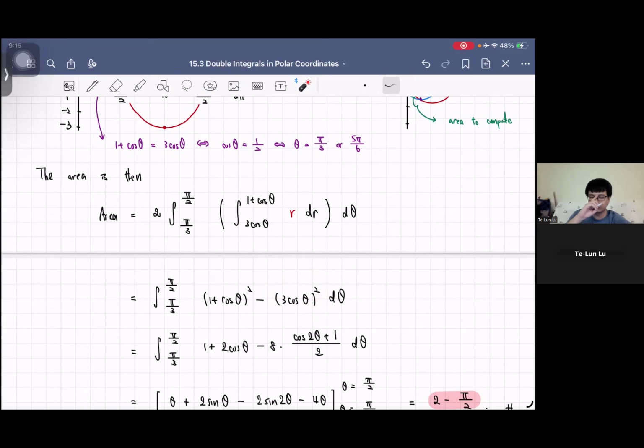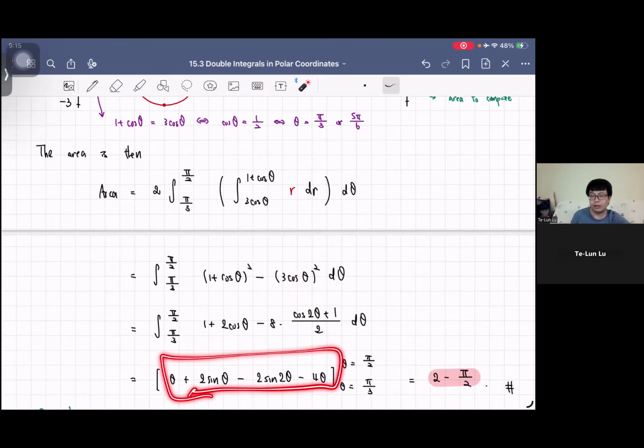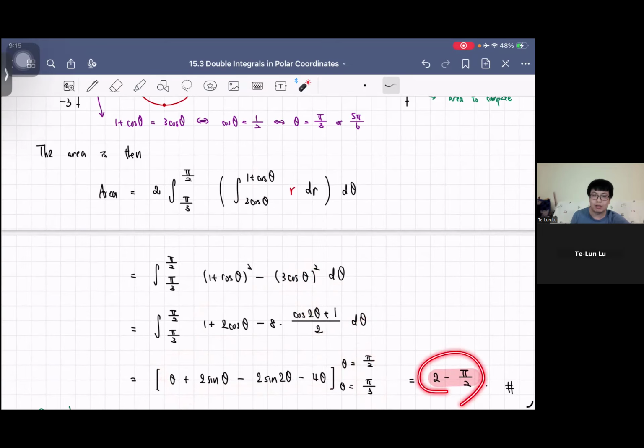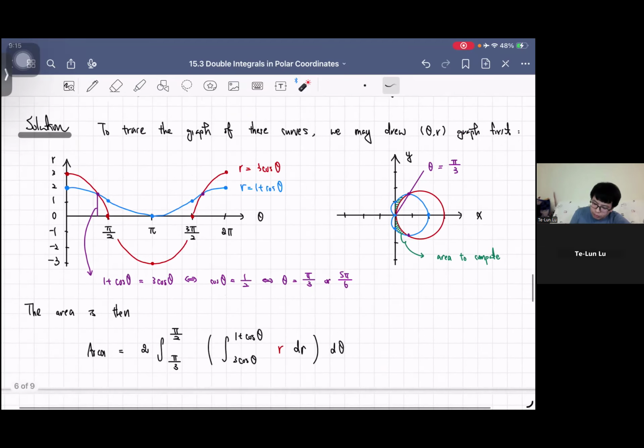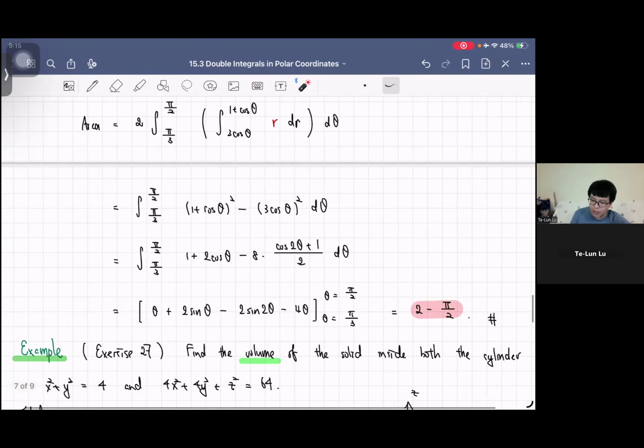And then it's simple algebra. So again, cosine squared gives you some sort of double angle, cosine 2 theta plus 1 divided by 2. And the antiderivative of this whole thing will simply be something like this. Plugging in the corresponding boundary points, pi over 2 and pi over 3, you get 2 minus pi over 2. So this small green region here, together with this guy, is 2 minus pi over 2, right?